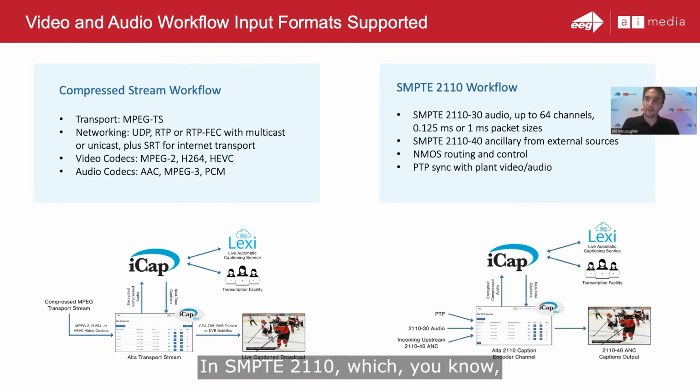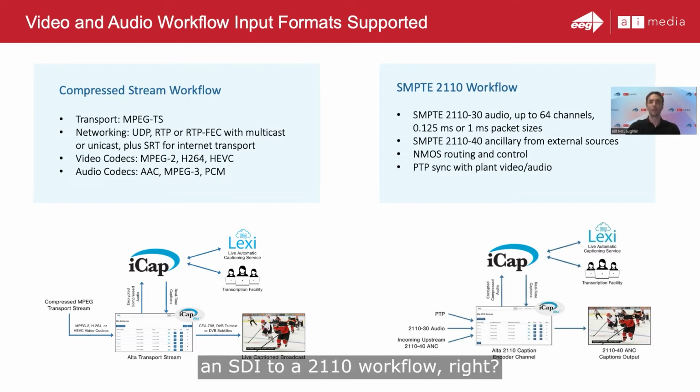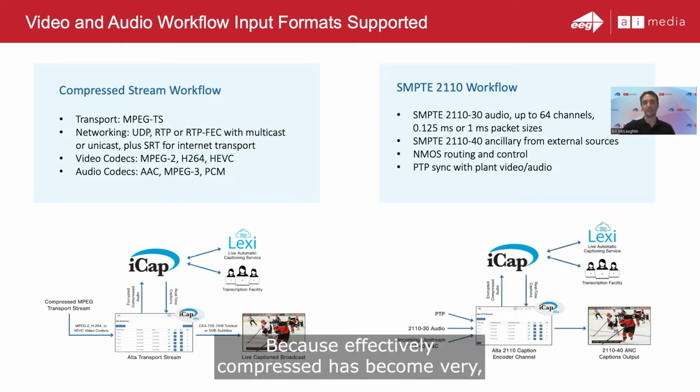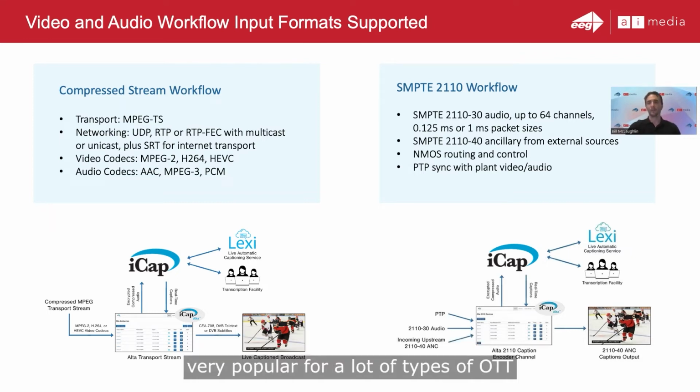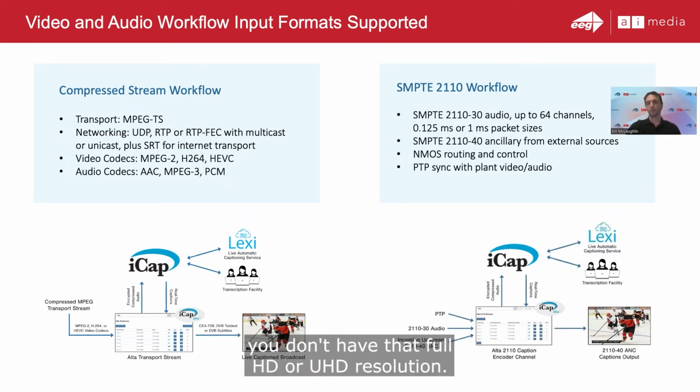In SMPTE 2110, which now a lot of broadcasters around the world have been looking at going directly from SDI to a 2110 workflow, right? Because compressed has become very, very popular for a lot of types of OTT and remote contribution workflows. But the issue with the compressed workflow is you don't have that full HD or UHD resolution.